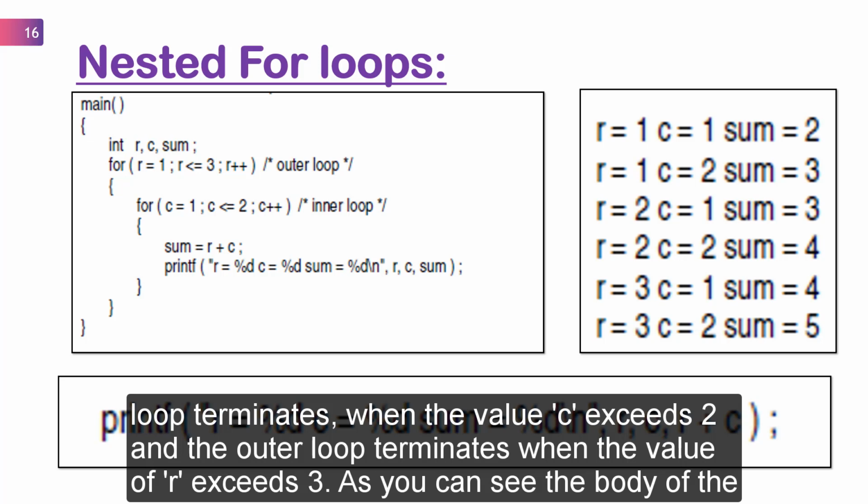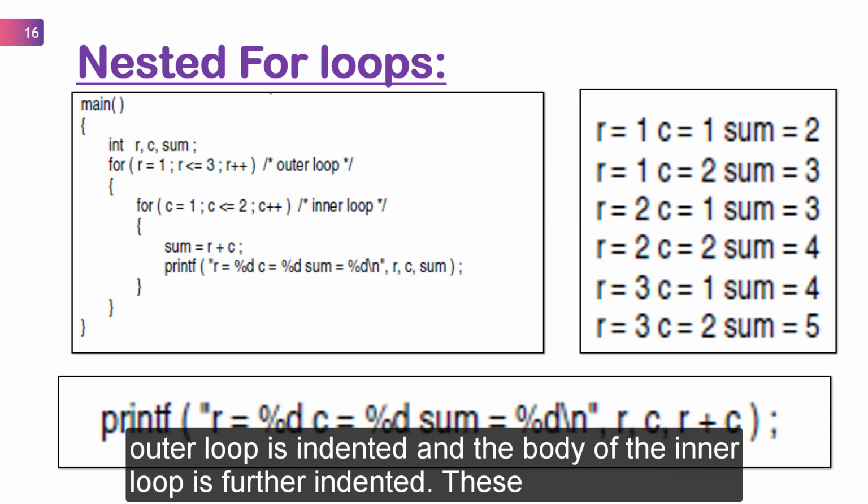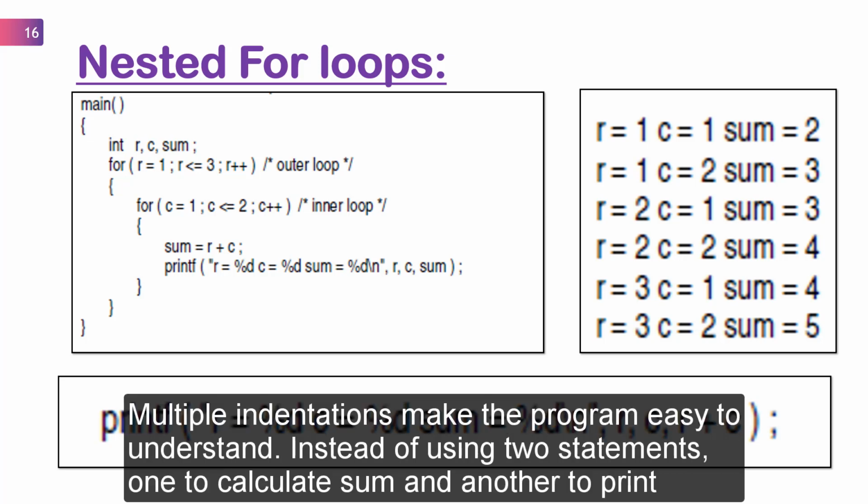As you can see, the body of the outer loop is indented and the body of the inner loop is further indented. These multiple indentations make the program easy to understand.